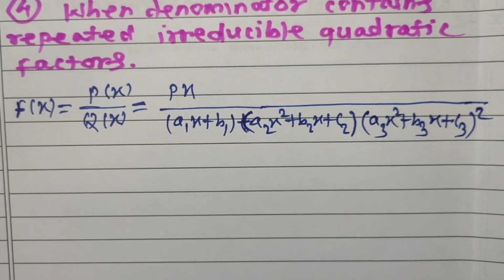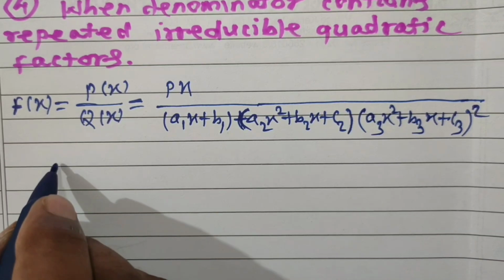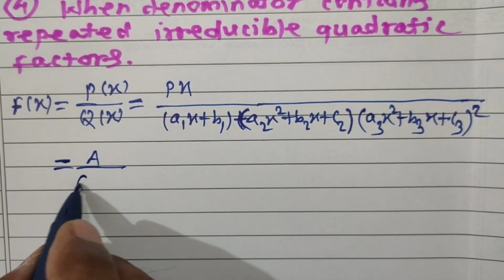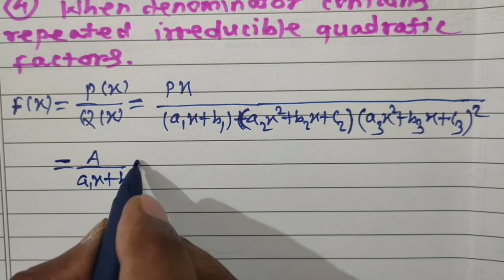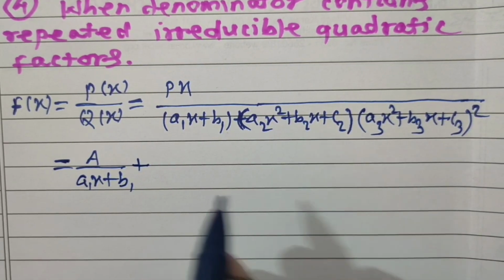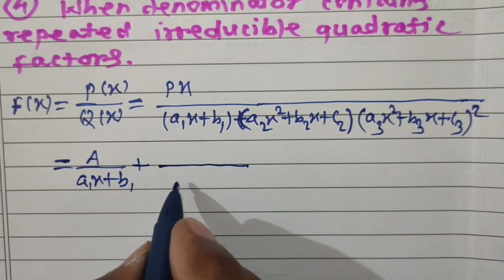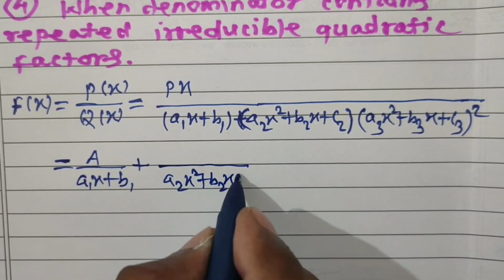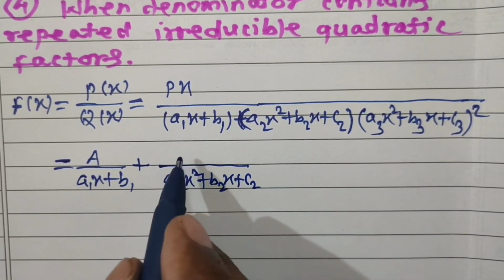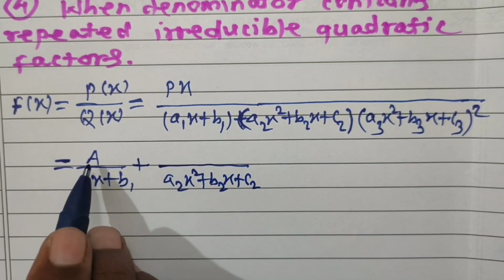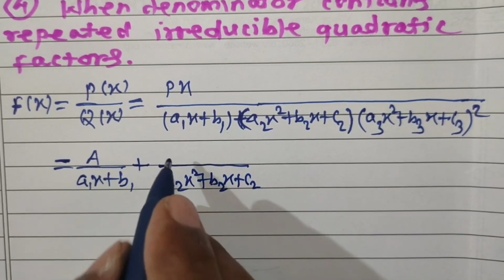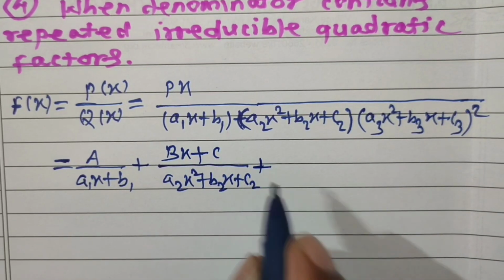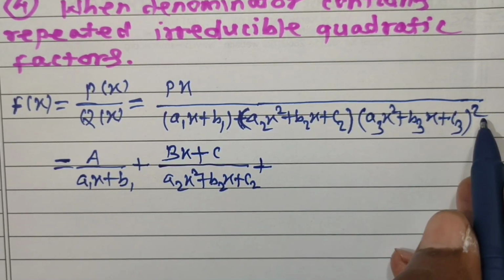So you have to express this in this form: arbitrary constant a divided by linear factor a1x plus b1, plus, this is a quadratic factor, a2x square plus b2x plus c2. Numerator must be a linear factor. A is already considered as arbitrary constant, so bx plus c. Plus, now this is repeated for 2 times.